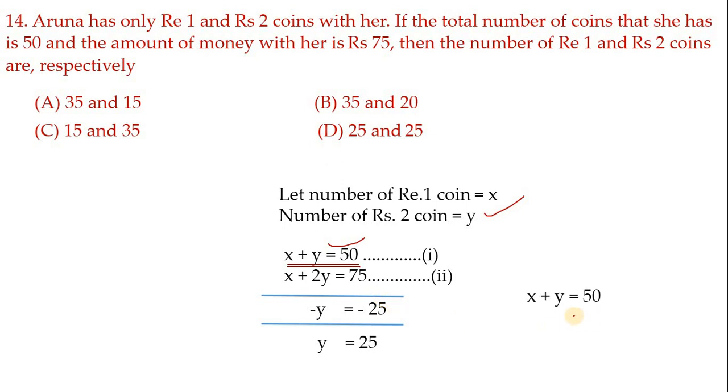So x plus y equals 50. In the place of y here substitute 25. Or 25 transfer this side, we get 50 minus 25. So x equals 25, not 50, children. 50 minus 25 means here we will get 25. So therefore x is also 25 and y is also 25. Therefore the correct option is option D.